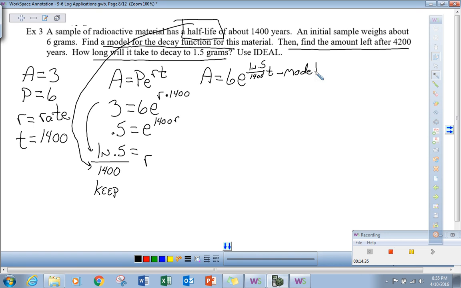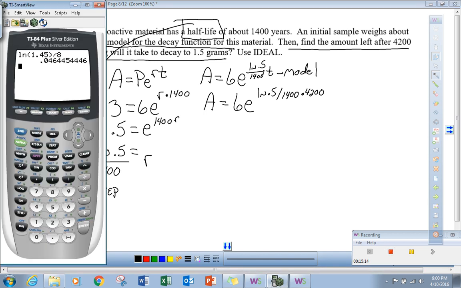It says, then find the amount left after 4,200 years. Well, what I'll do then, the amount's going to be 6e, all of this in a parenthesis, natural log of 0.5 divided by 1,400 times 4,200. Let's run that through real fast, and then we'll see what you get. So let me jump over to the calculator.